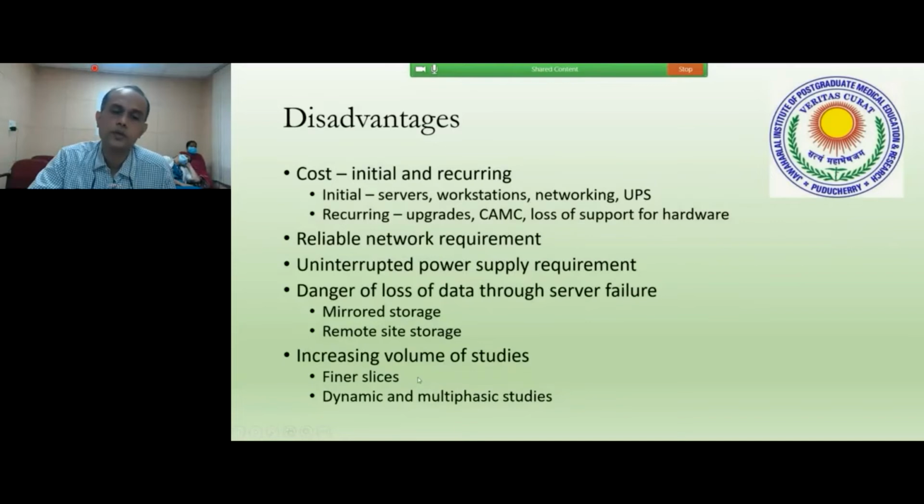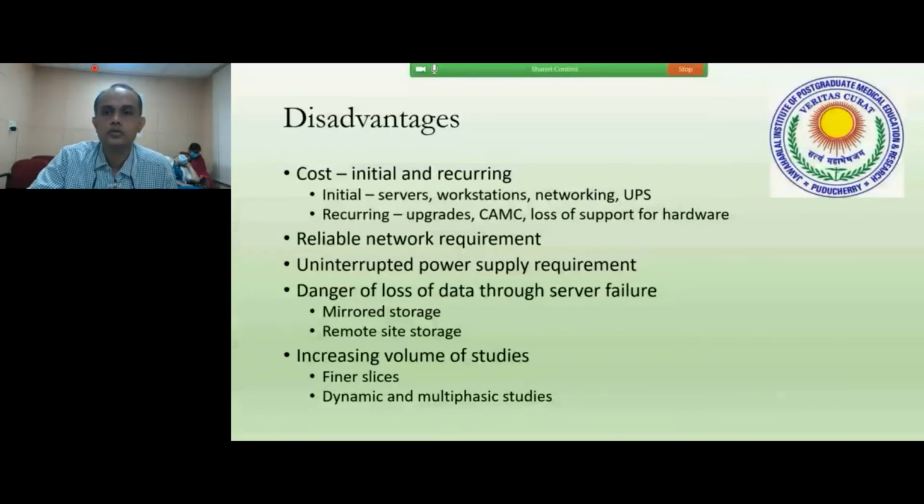This is especially important with cardiac imaging, and also because we are now doing dynamic studies, multiphasic studies, that is arterial, portal, and delayed phases, and dynamic contrast with maybe 15 or 20 phases of contrast which we trace. All these generate a lot of image data, and even though the PACS storage capacity is increasing, this is being eaten up by the larger volume of studies. So these are the specific disadvantages.